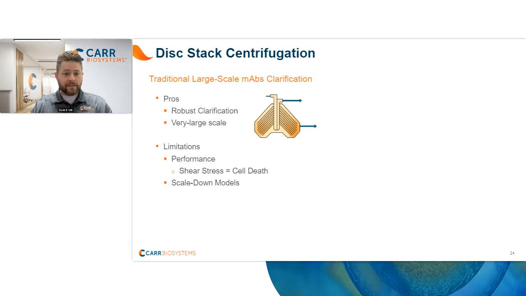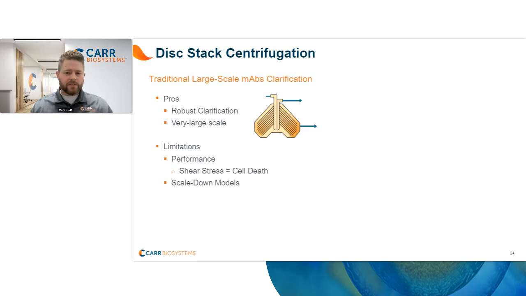And cell death when the cells are your product, of course, is unacceptable. The other piece is scale down models. The scale down on disc stack centrifuges really can't go beyond a processing minimum volume around 10 liters, making it difficult to have early entry and good process development early on at small scales.